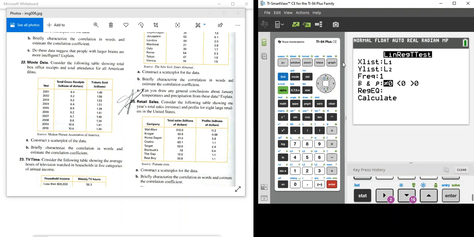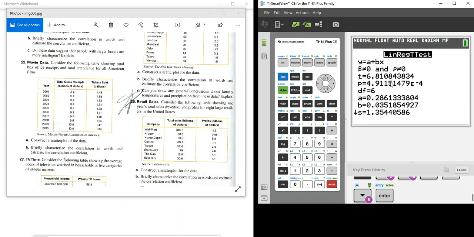And then when we run a hypothesis test, we see if that could be different from 0. So right now we start off by saying that the regression or correlation is equal to 0. These parameters are equal to 0. So let's hit calculate. Enter. And then we have some values.